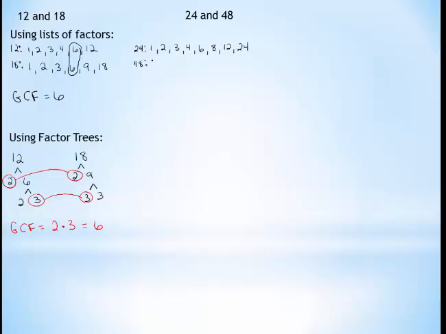For 48, I have a 1, 2, 3 goes into 48 because 4 plus 8 is 12, and 12 divides by 3, so 48 will divide by 3. 4 goes into 48. 5 does not, 6 does, 7 does not, but 8 does. Now 6 and 8 multiply to make 48, so 4 times 12, 3 times 16, 2 times 24, and 1 times 48. I find the largest number that they have in common, which is 24, and that is my GCF.